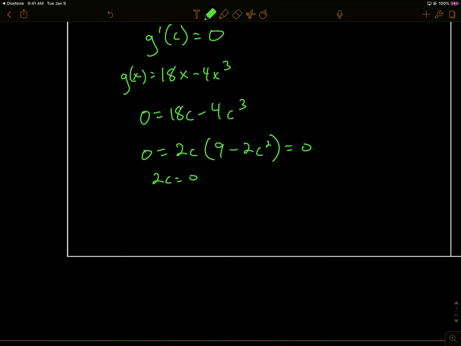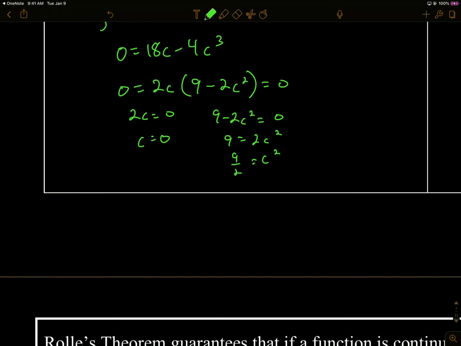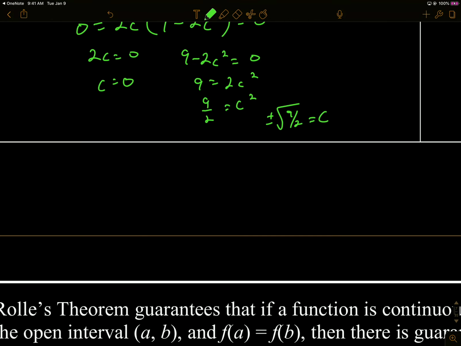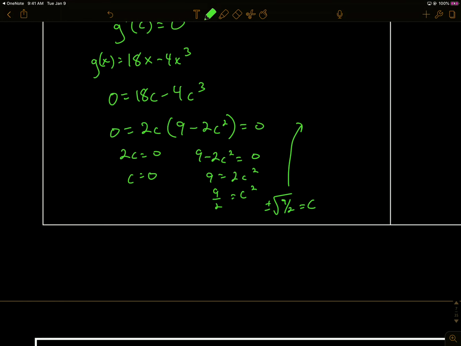So 2c equals 0, and 9 minus 2c squared equals 0. So I'm going to get c equals 0. And then 9 equals 2c squared. So c squared equals 9 halves. So c equals plus or minus the square root of 9 halves, which is 3 over root 2. Sorry, I'm out of a little room, so I'll do it up here. c equals 3 over root 2 and negative 3 over root 2.